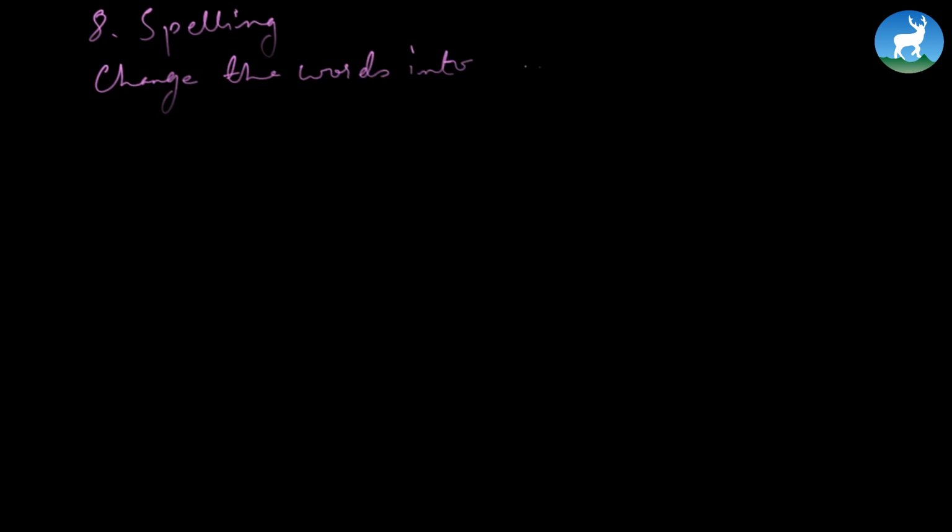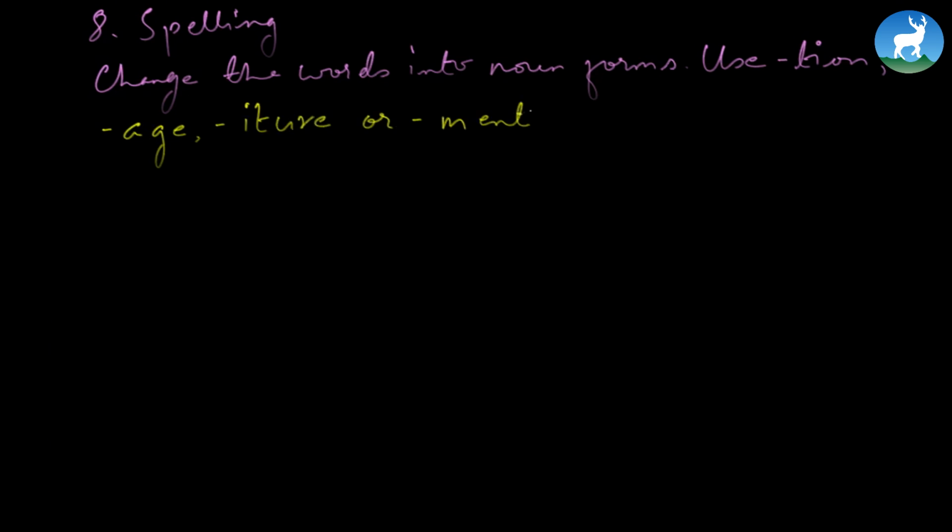Now let's move ahead. Now number 8, it's spelling. Change the words into noun forms using suffixes like tion, age, ture or ment.